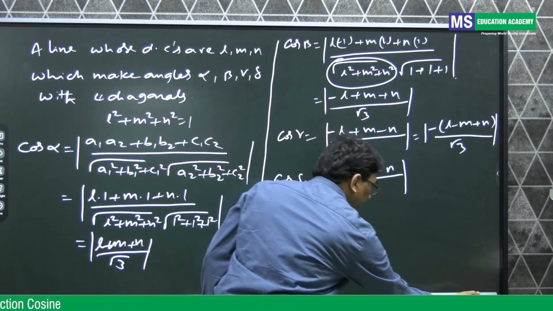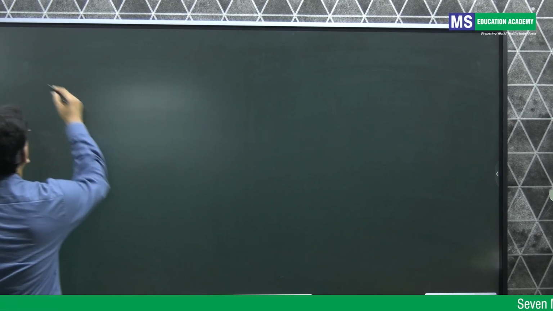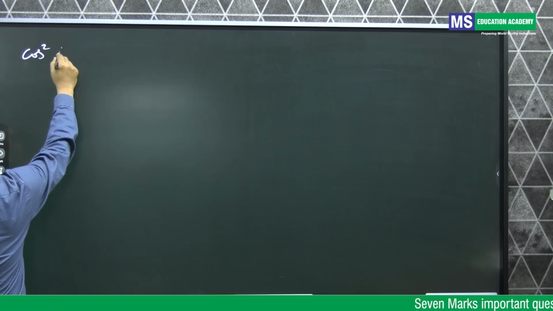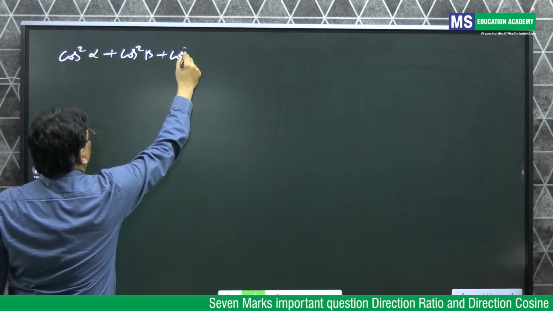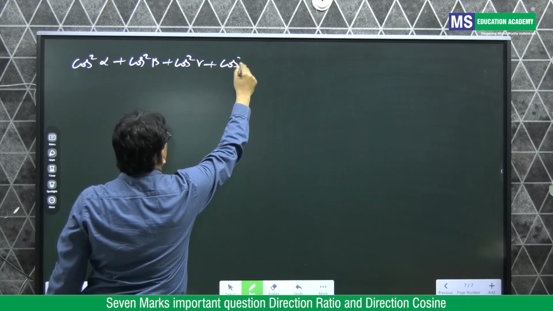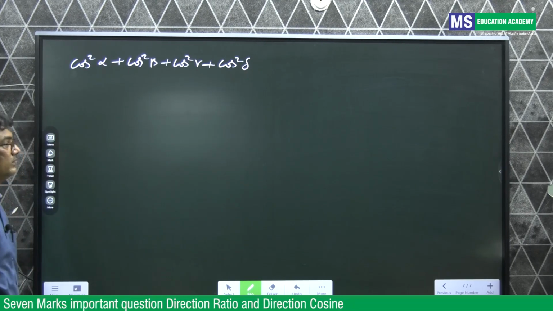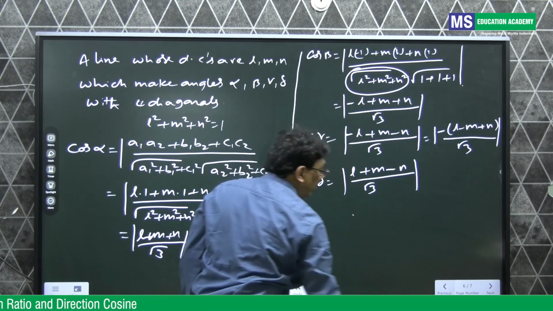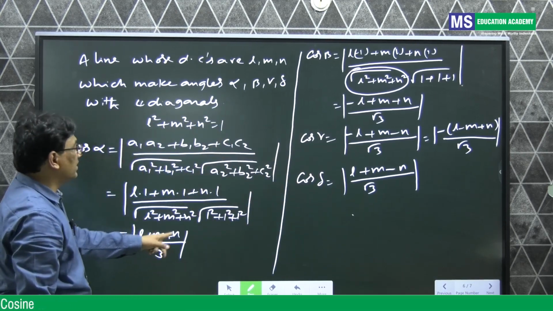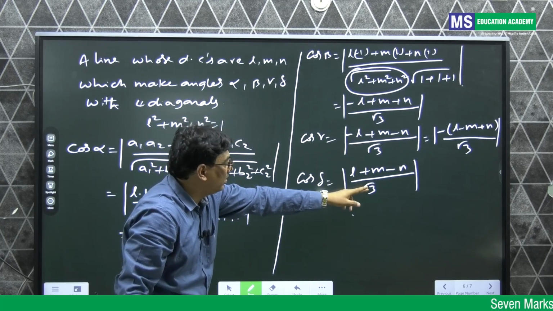Next, he asks us to find the value of cos square alpha plus cos square beta plus cos square gamma plus cos square delta, the sum of the squares of all of these values: cos alpha, cos beta, cos gamma, cos delta.